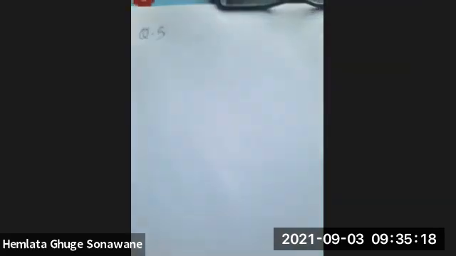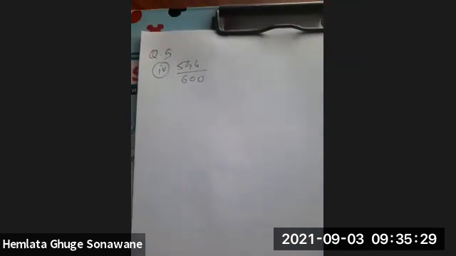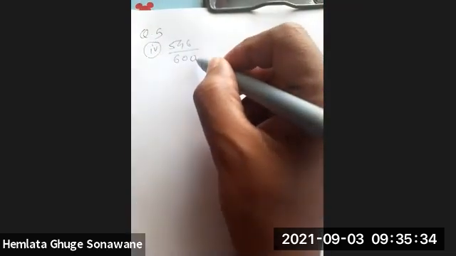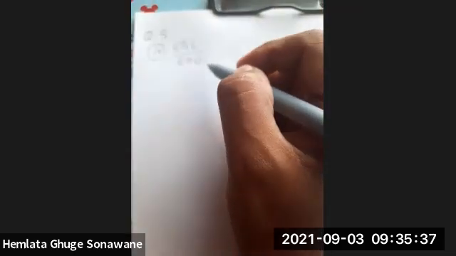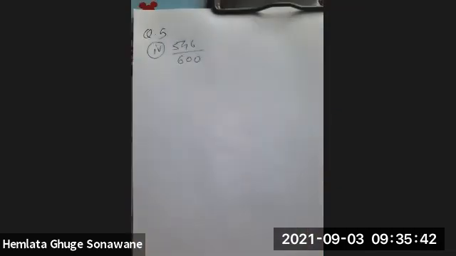We'll move towards the next example of question number 5, that is the fourth one, 546 upon 600. This we have to convert into percentage. Now here we'll divide the denominator and numerator because we have to convert this 600 into 100.